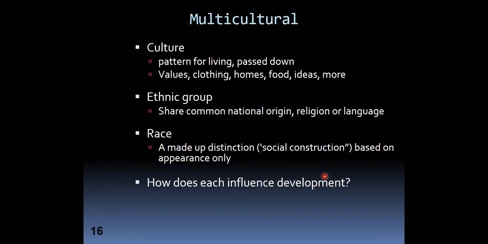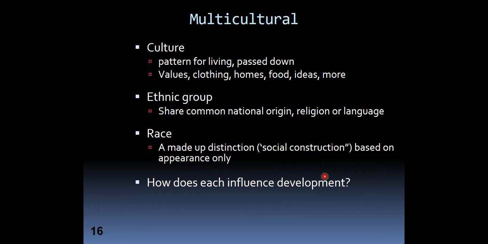Okay, so next we go to development is multicultural. Now we're going to actually cover a couple of other things here, ethnicity and race as well, since people often think of these things kind of together. So starting with culture. Culture is primarily made up of ideas and concepts.